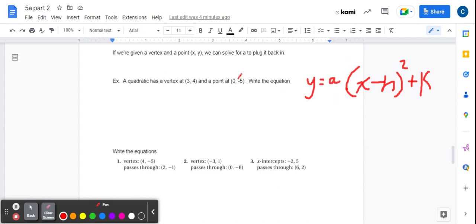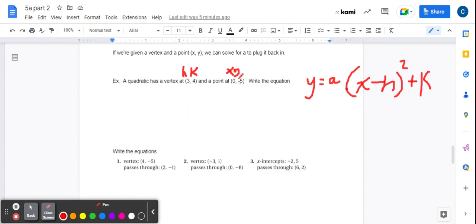In this equation in vertex form, there's really 5 variables: y, a, x, h, and k. If they give us a vertex, again, the vertex is (h, k). If they give us another point, like (0, -5), well, there's our x and our y. We could plug those into this equation to find a.